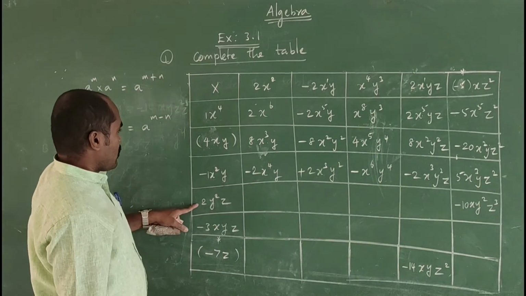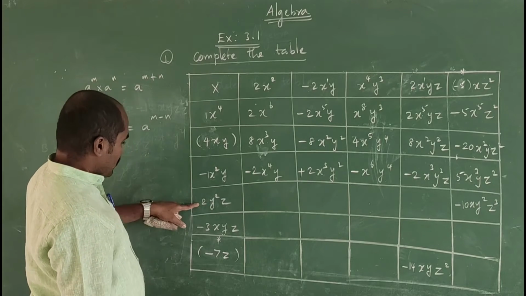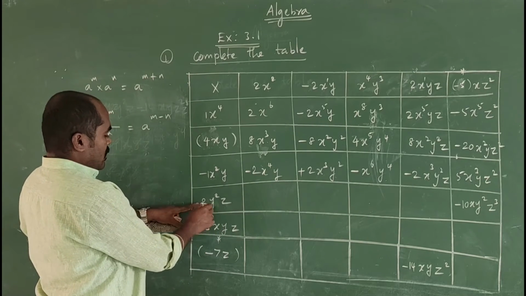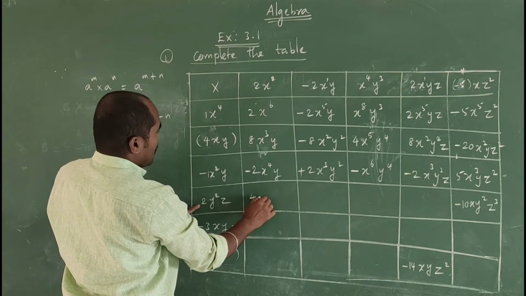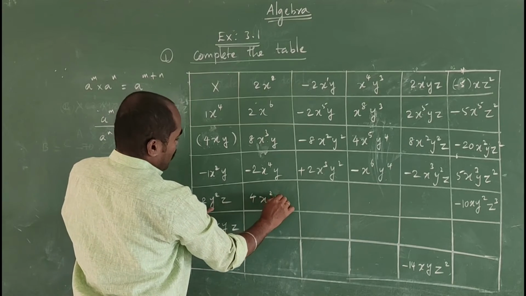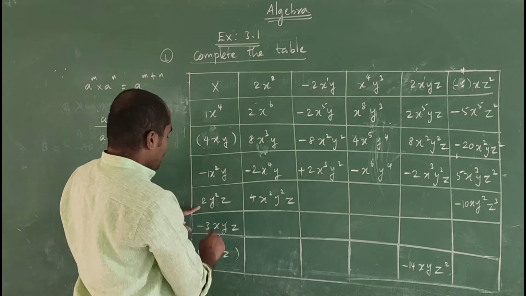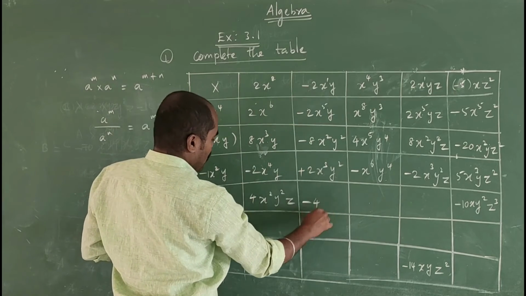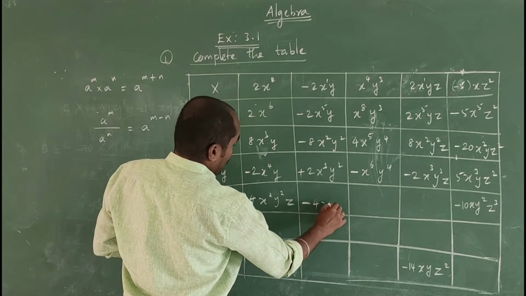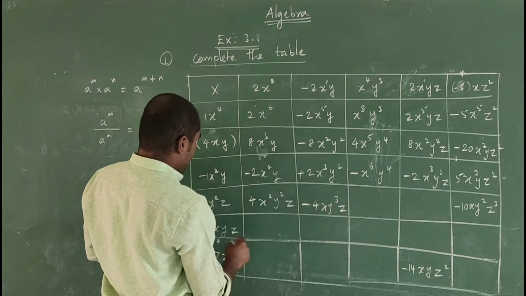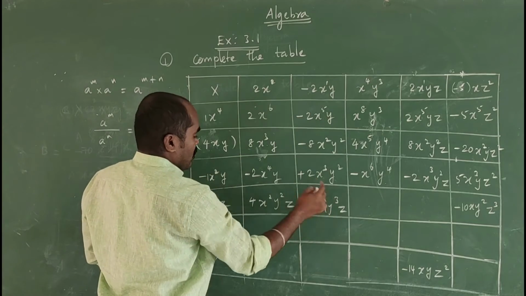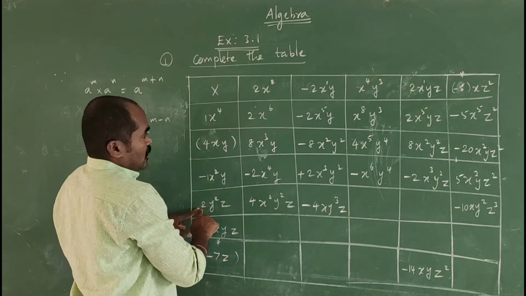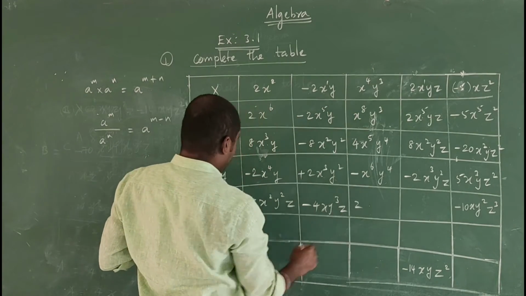And then fourth, 2y square. 2 2s are 4. X square, y square. Plus into minus is minus. 2 2s are 4. X y cube, because y square into y is y cube. So next, 2 into 1 is 2.